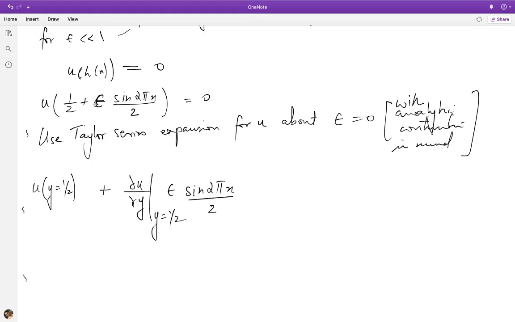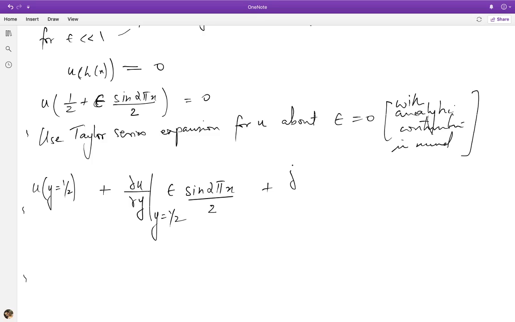This is basically delta y. So it's du by dy times delta y evaluated at the starting point y equal to half, but that's equivalent to saying evaluating this derivative at epsilon equals 0. But I'll just write it as y equal to half for the moment.